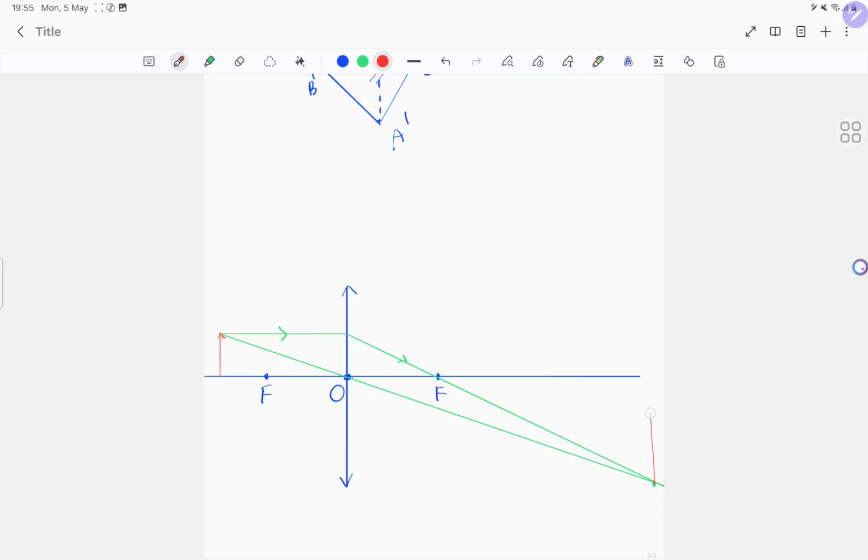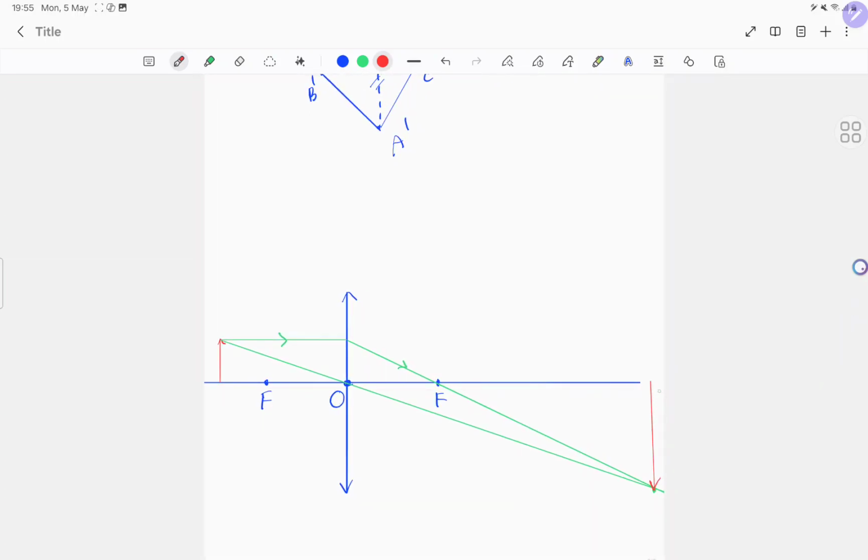It's going to be like this, right? Because the image of this point right here must be this point. So this is the virtual image. And it is also inverted, upside down.